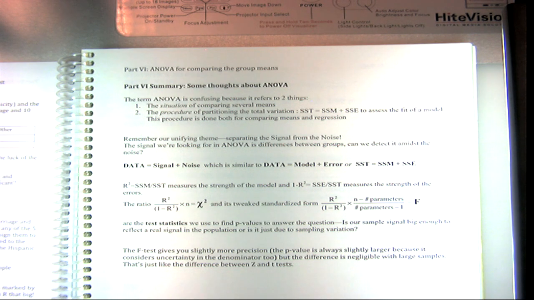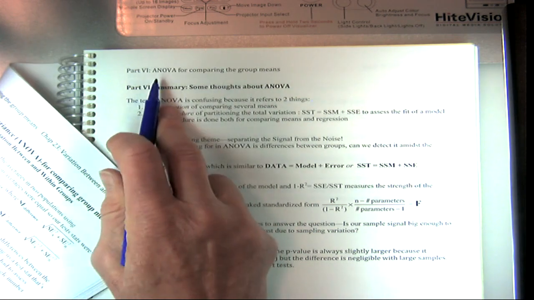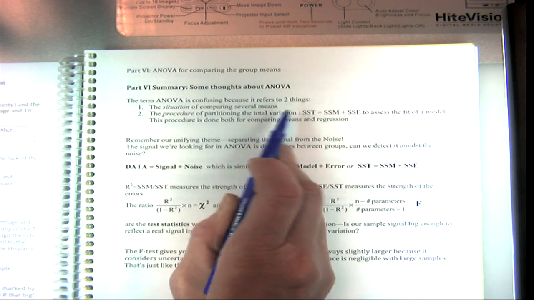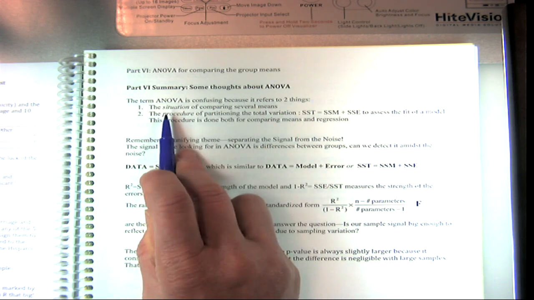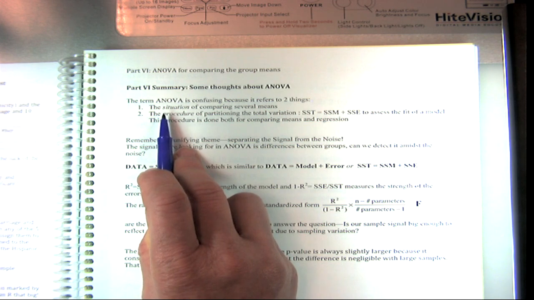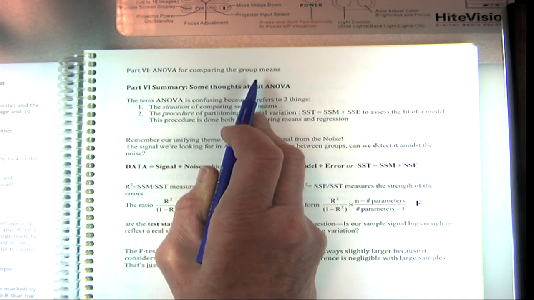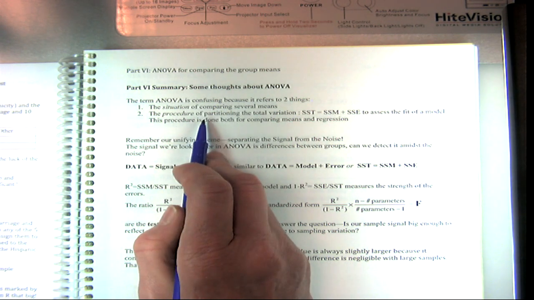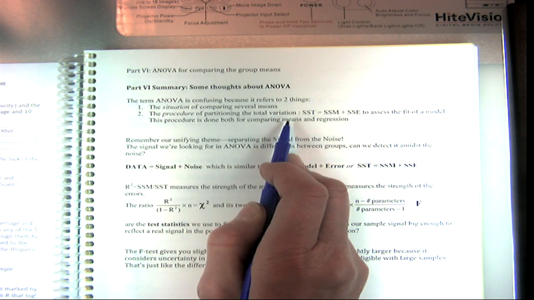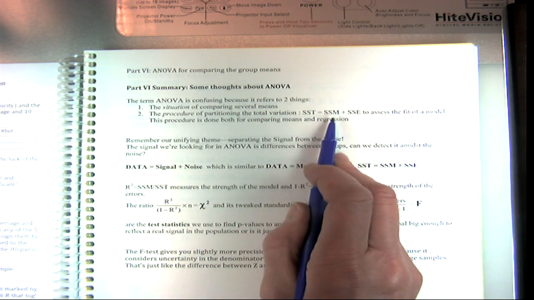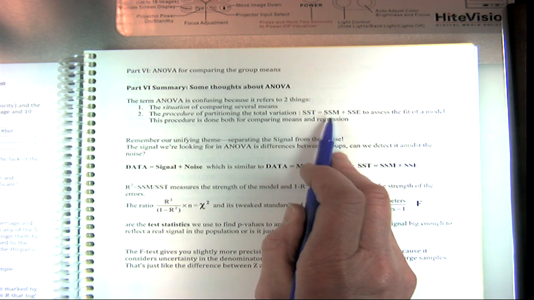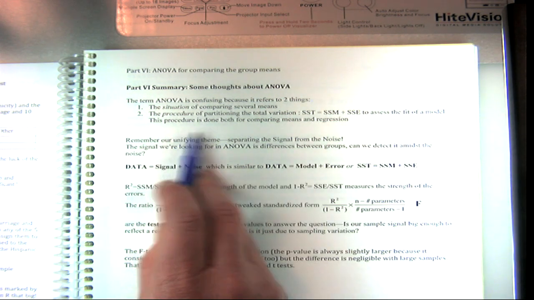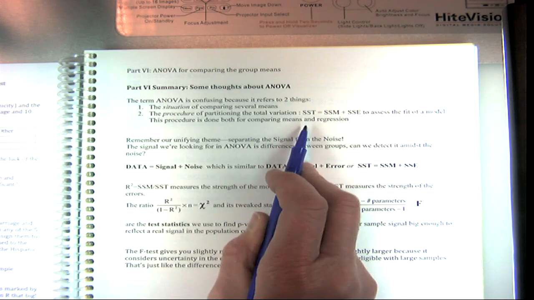On page 131, the term ANOVA is confusing because it refers to two things. It refers to this situation that we're looking at, comparing group means. When people say ANOVA, that's usually what they mean. But it also refers to analysis of variance as the procedure of partitioning the total variation of the y's into two parts, the sum of squares due to the model and the sum of squares due to the error, to assess the fit of a model. This procedure is done both for comparing means and regression.